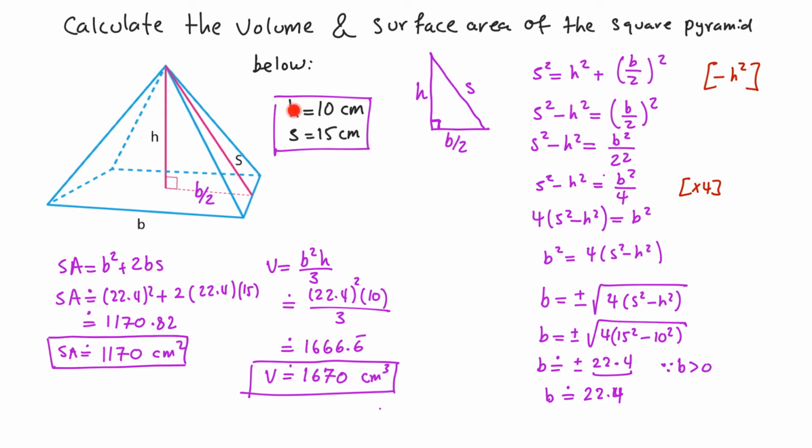Here I'm given height and slant height, so my unknown is the b value in order to be able to plug it into the volume and surface area equations. And once I have this triangle, I can use the Pythagorean Theorem to find the missing side. And once I have that side, I can just plug it right into the equation.